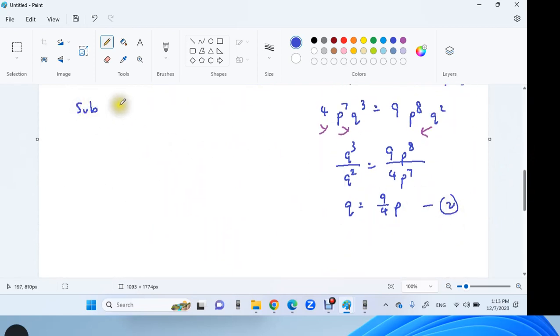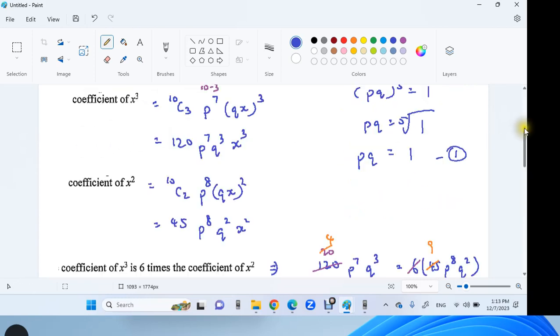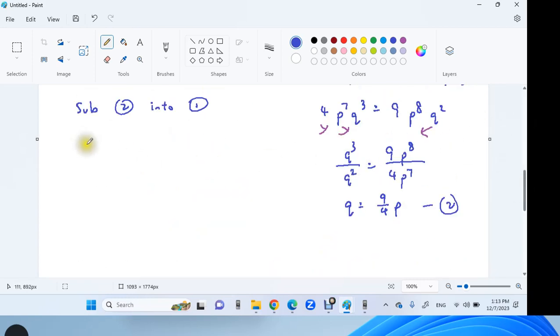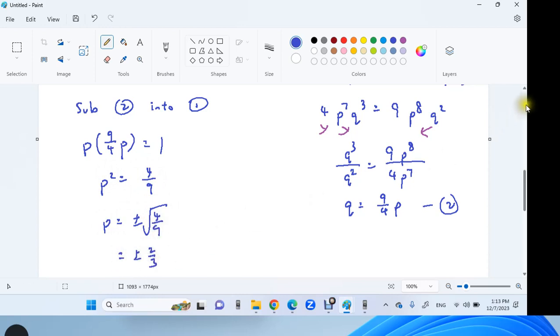So what we do is we substitute equation 2 into equation 1. We have pq equal to 1, so we have p times 9 over 4p equal to 1. So p squared equals 4 over 9. So p is plus or minus the square root of 4 over 9, which is plus or minus 2 over 3.